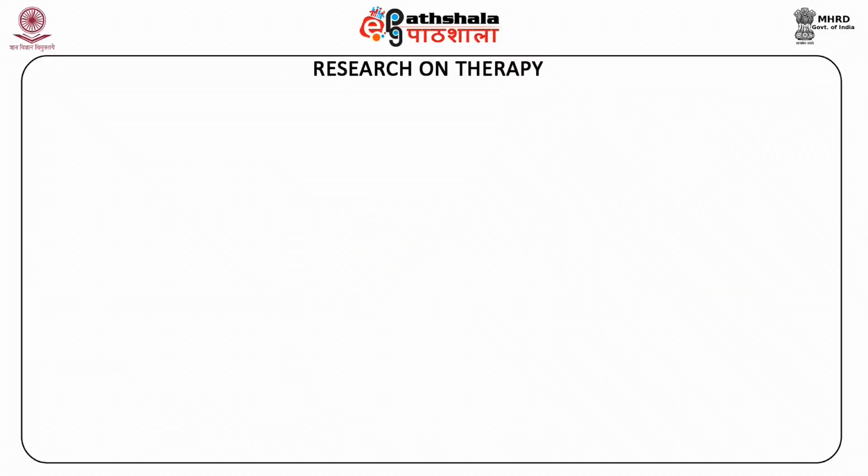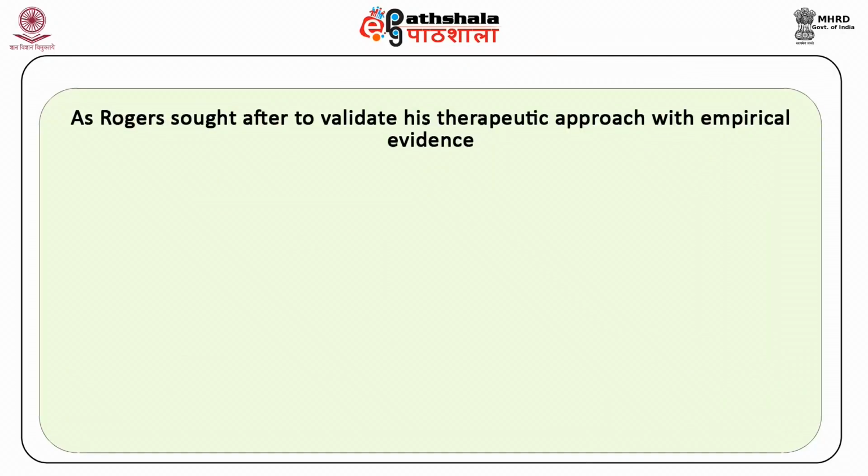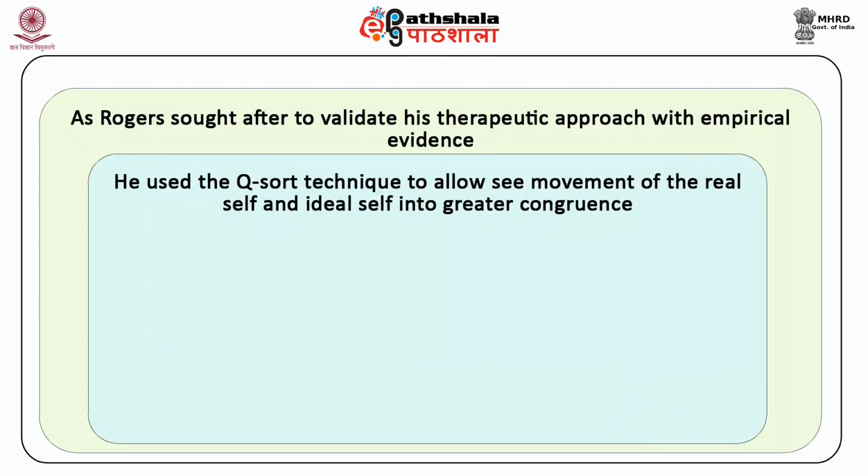Research on therapy. As Rogers sought to validate his therapeutic approach with empirical evidence, he defined his constructs as specifically as possible. He used the Q-sort technique to allow clients to describe themselves and could actually see movement of the real self and ideal self into greater congruence.